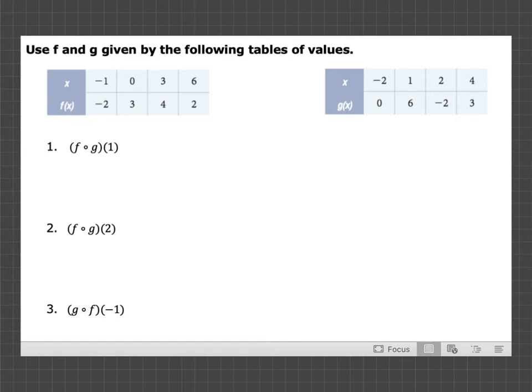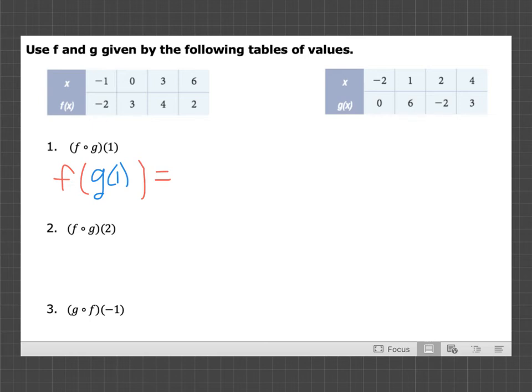Now we're going to evaluate composite functions where we have tables of values instead of an equation to represent the function. So first one is f composed with g of 1. We want to rewrite that. It's f on the outside, and what we're plugging in to f is g evaluated at 1. So we look at the inside function first.